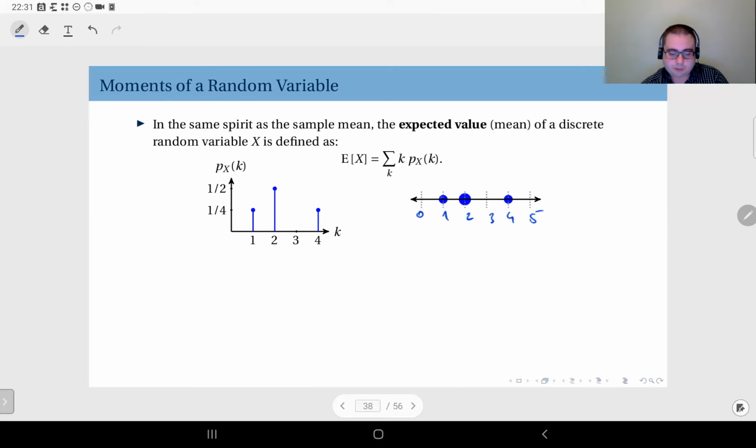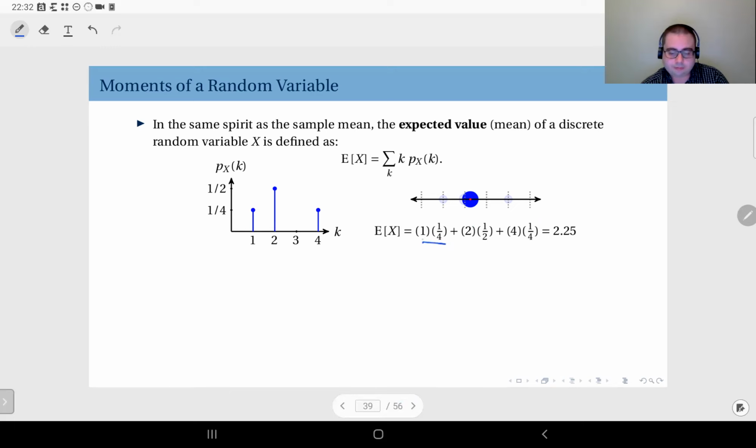I have a probability of 1 over 4 at 1 and 1 over 4 at 4, and a probability of 1/2 at 2. And I'm going to take a weighted average of these possible outcomes. It's a little bit like a center of mass, if you like. So this point here is going to be the expected value, the weighted average of the outcome.